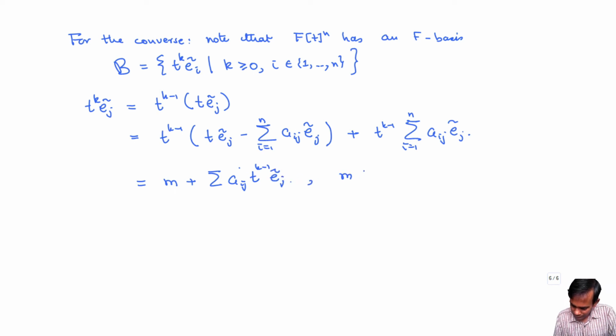And m is an element of the column space of tI minus A. So what I've shown is that if I start with the vector t^k times e_j tilde, by subtracting some vector m from the column space of tI minus A, I can reduce the degree of this term, this t^k, to t^(k-1). Sorry, this should be i, not j.